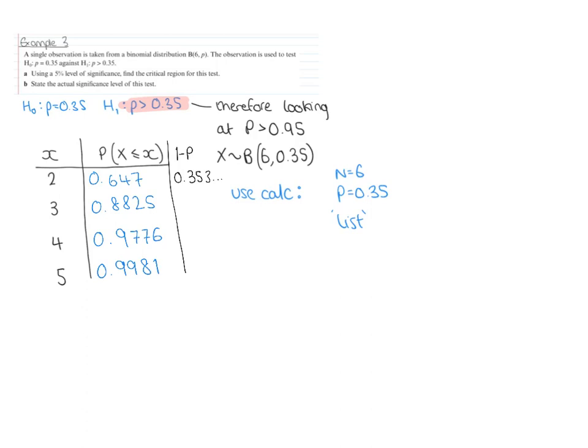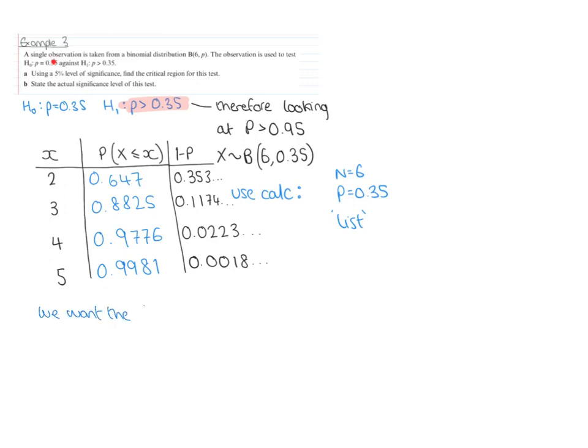So now we're looking at the probability of it being above these values, because it's the upper limit we're looking at. So we want this value to be as close as possible to, but below, 0.05.